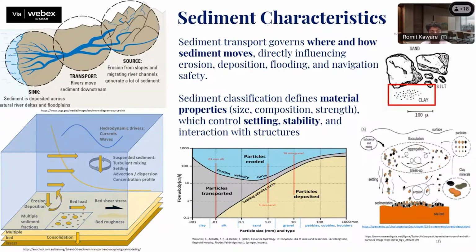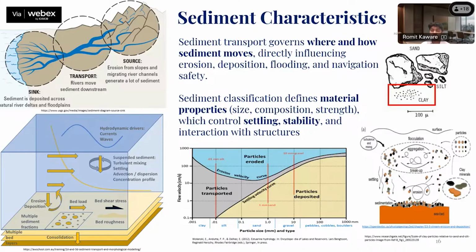Now when we talk about sediment, what is the role of sediment itself, the sediment characteristics, how do they affect transportation and classification itself? Sediment transport is governed by the sediment classification itself. We could have different kinds of sediment: clay, silt, sand. They might again vary with the texture as well, their roughness, their cohesiveness.